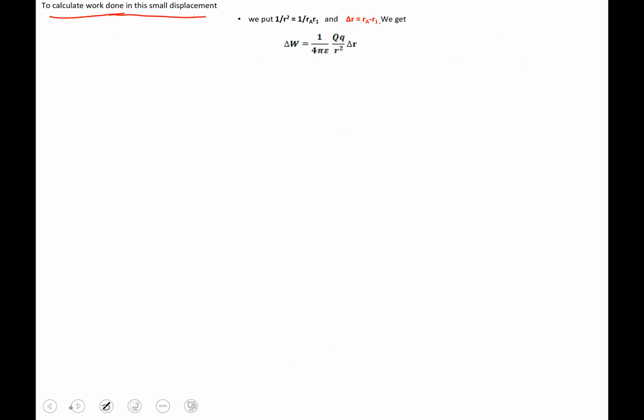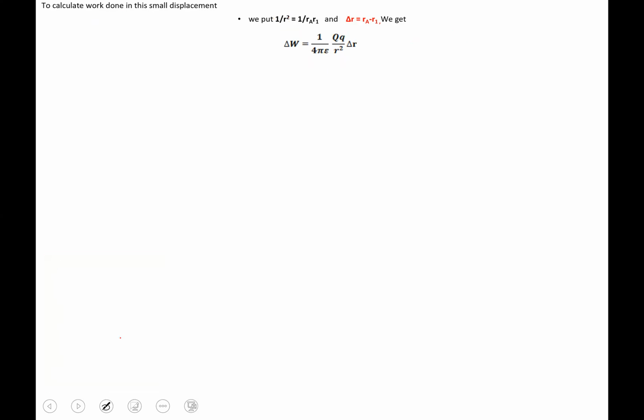This is equation A, which we remember: delta W is equal to 1 over 4 pi epsilon, capital Q small q, divided by R square, into delta R. We have the value of delta R and the value of R square as well, so let us put them in this equation.